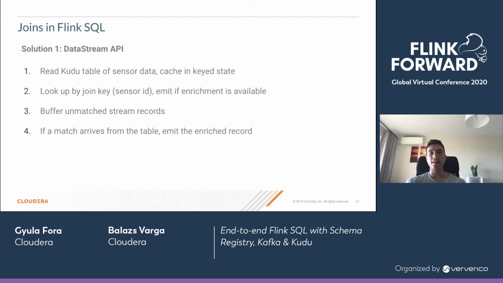If it's not yet available because it hasn't yet been read from Kudu, we will just buffer this unmatched stream record and wait until a match arrives from the Kudu side. And then we know we can discard it after that, so the state doesn't grow infinitely. It will only keep the records that it doesn't know how to match yet.